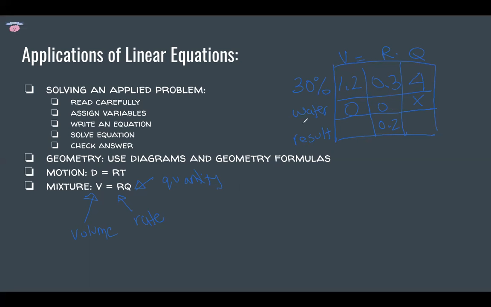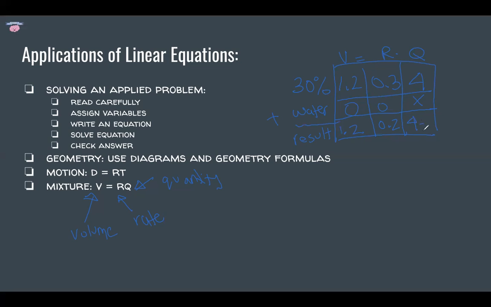So if we mix these together, what do we get? Well, we have to add these two up to get this because we're mixing them together. So our total amount of acid we would have is 1.2, from the 30% acid and 0 from the water. But how much quantity would we have? 4? No, because we also have the X liters of water plus the 4 liters of acid.